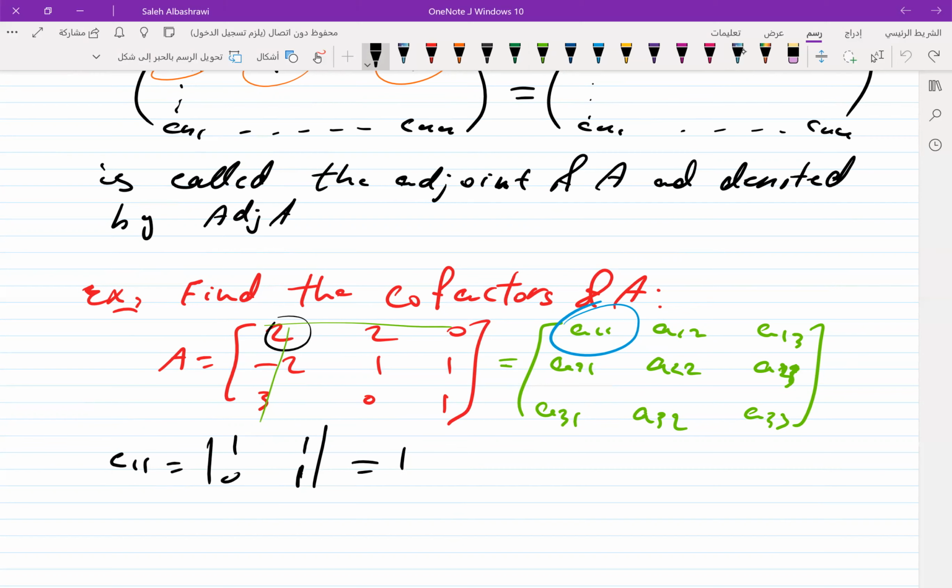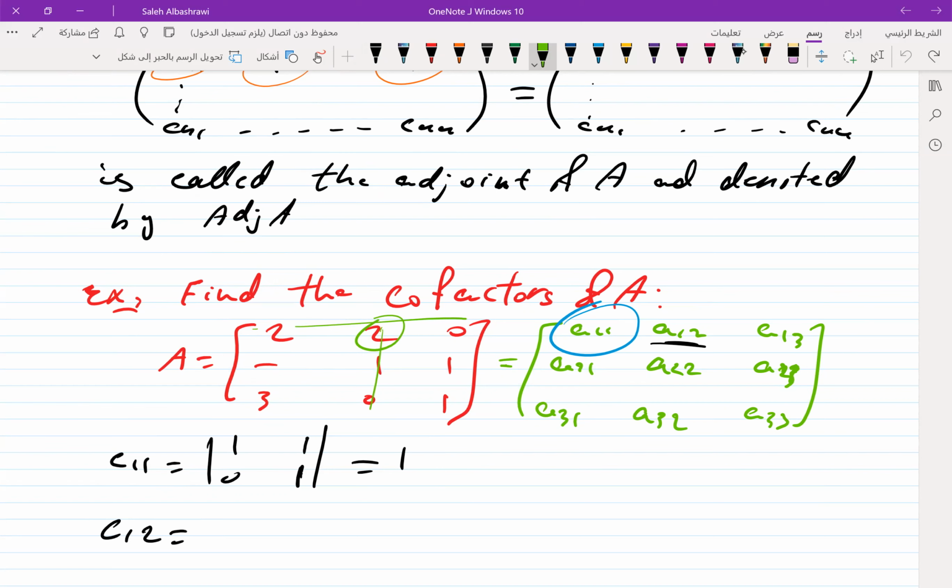It's known as the cofactor. Now let's go for the second one, corresponding to the 2 in position 1, 2. That's the element A12. For C12, cross out the first row and second column.